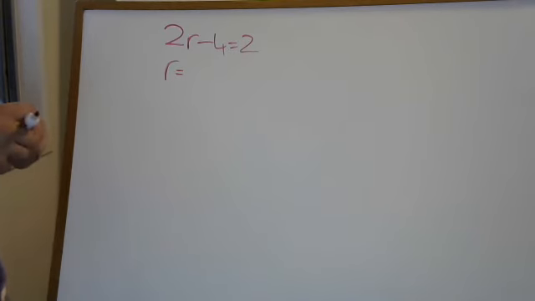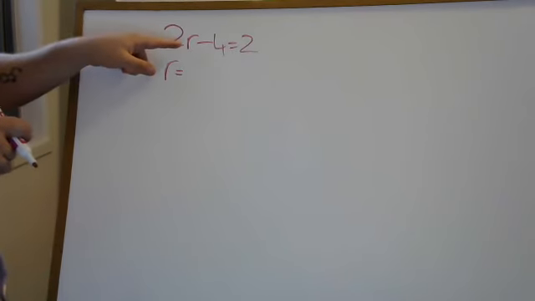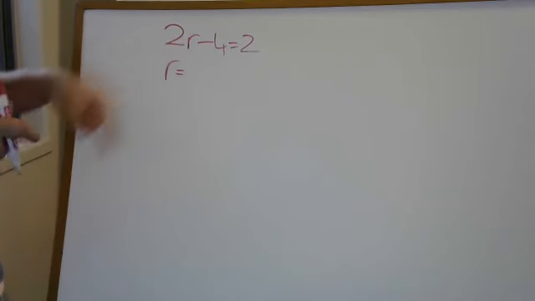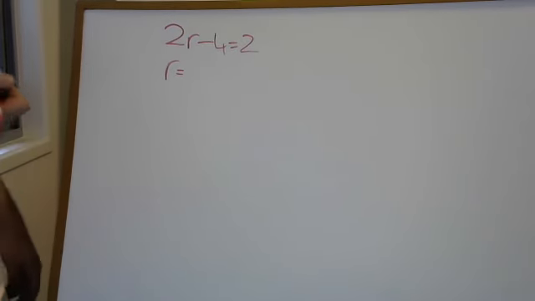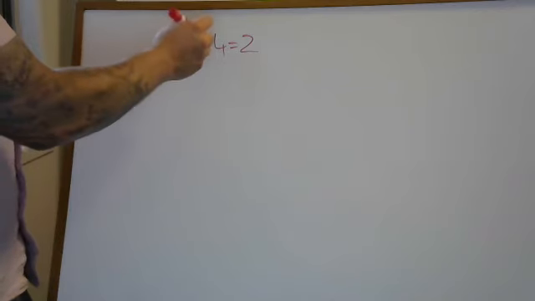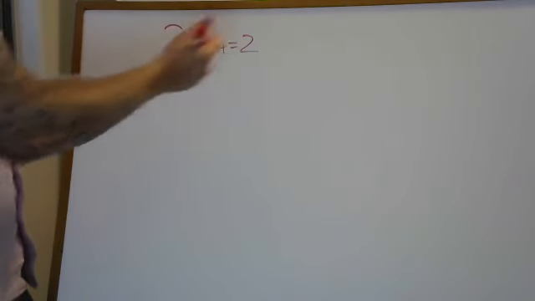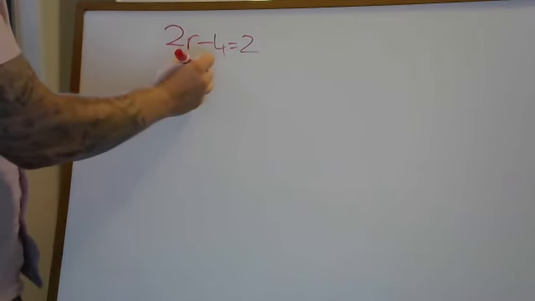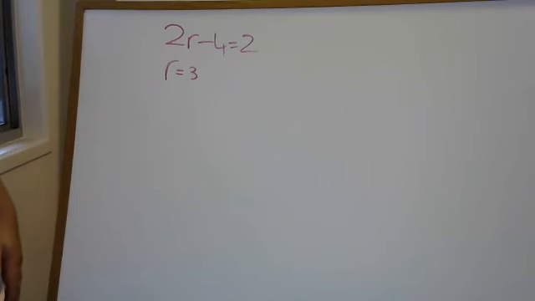So 2r minus 4 equals 2. The value of r would be... there's no hack for this two-step process. So 2 times 3 is 6, minus 4 equals 2. So the value of r is 3.